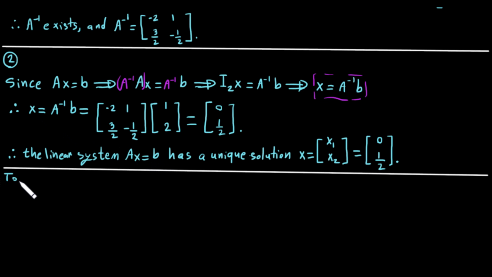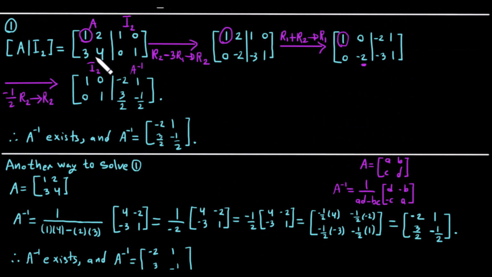To confirm the solution X is correct, we have to multiply A multiplied by X, then we have to get B. We know that A equal 1, 2, 3, 4, which is from here.